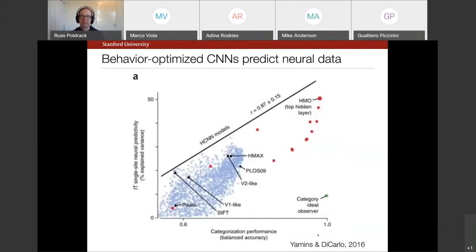And in fact, you can see that the y-axis here is the amount of explained variance in the neural data. The better the network does at performing the object recognition problem, the better it also does at predicting variance in neurons.